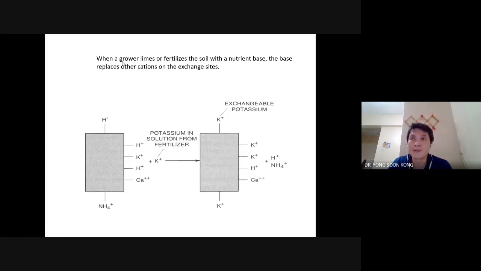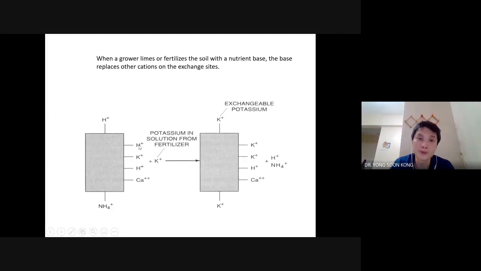But here is the thing. If you don't lime the soil, your soil may become less fertile. CEC may decrease over time because of the acidification. Earlier during our discussion about soil acidity, you have learned that over a long period of agriculture, the crops are going to take a lot of the cations away, such as calcium or magnesium, and eventually your soil becomes less fertile. Because once these are taken, they will be replaced by H+.